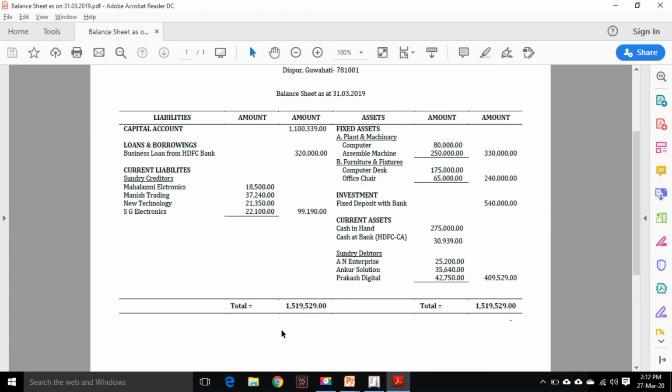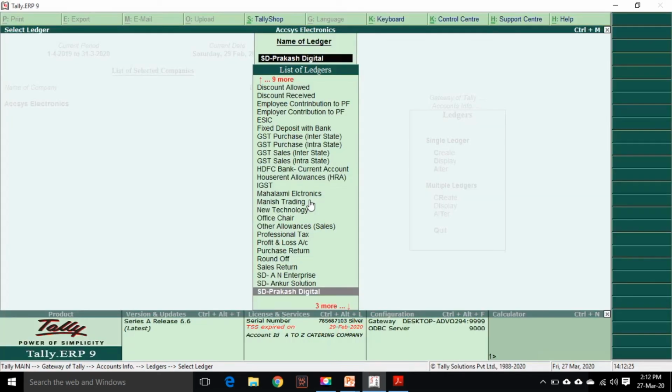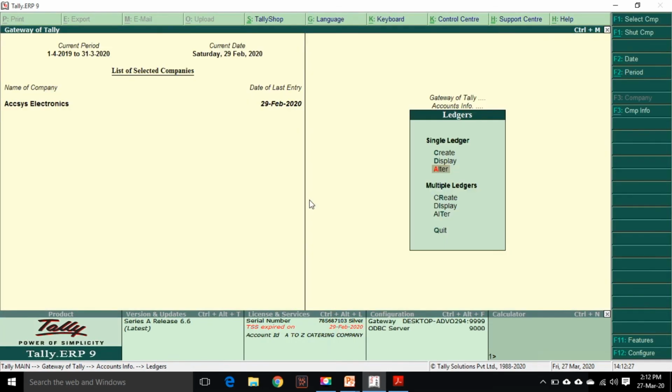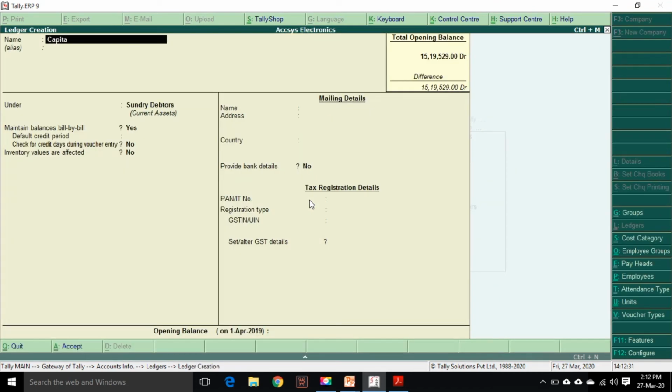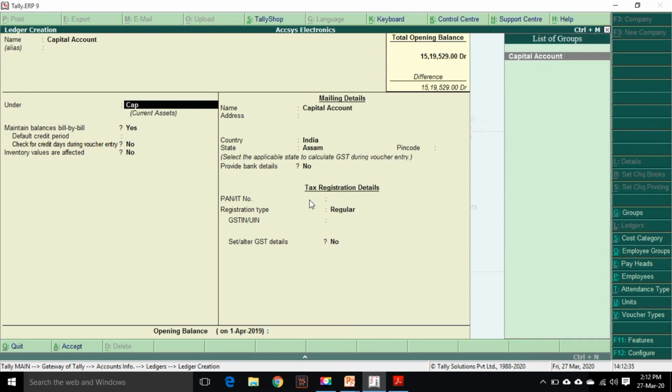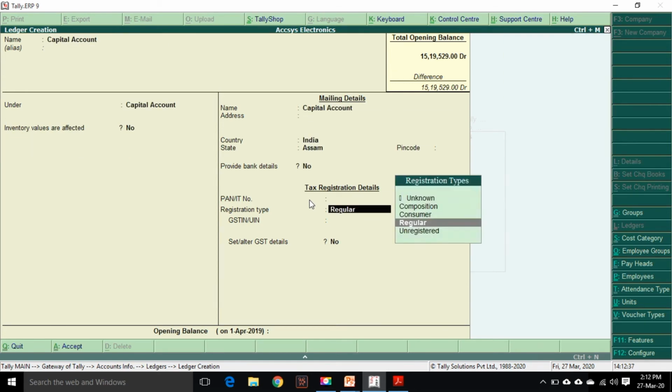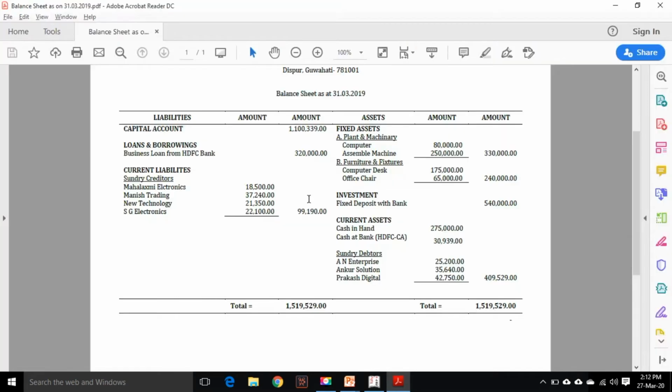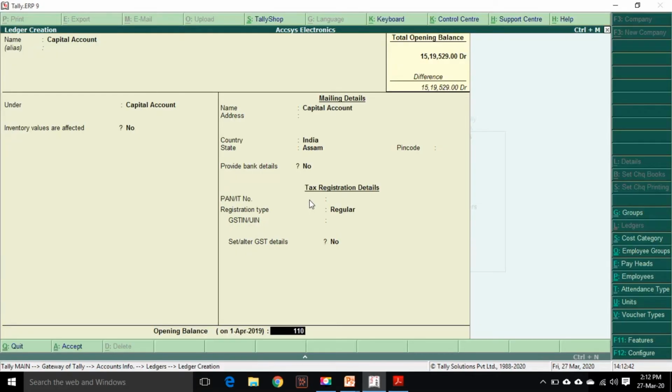Now we start with liabilities. Go first to capital account. No capital account is given, so you have to create a capital account. Under capital account, give 11,00,339.